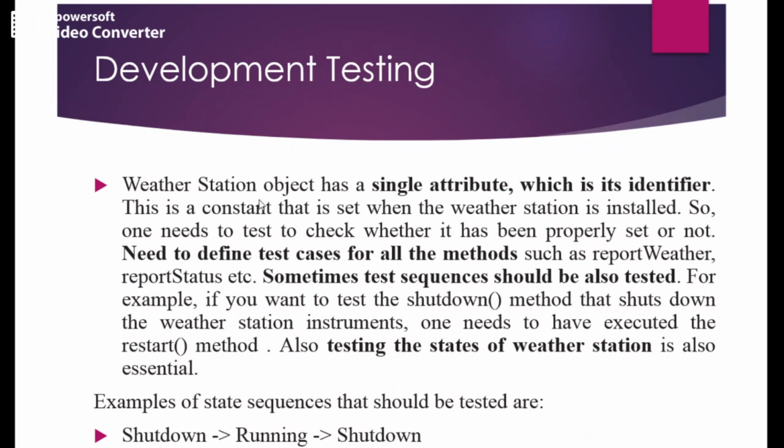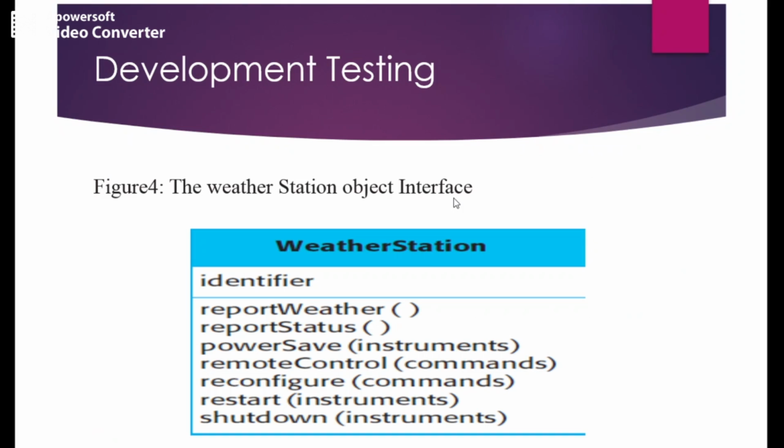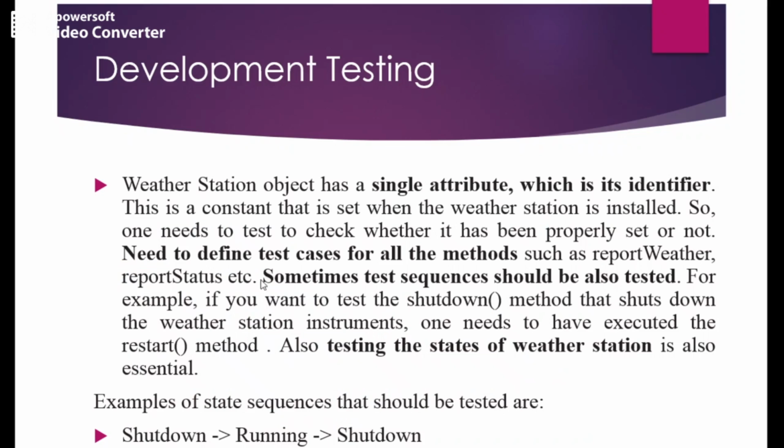So here the weather station object has a single attribute, which is its identifier. This is unique, and it is a constant, so it will be a constant value that is set when the weather station is installed.